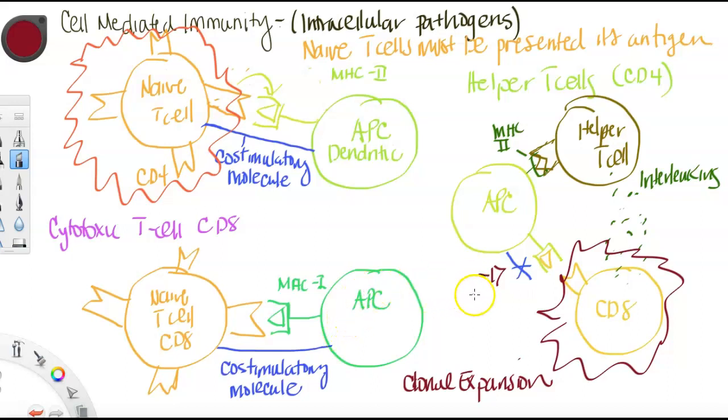So if that's the case, and there is a CD8 cell that is latched onto an APC, and it doesn't have co-stimulatory molecules, and there's no helper T cell, then the CD8 cell does not get activated. And if it does not get activated in this instance, it becomes anergic. So something called anergy. And once it's anergic, it is always anergic. Once it's anergic, it will never, ever be able to be activated into an active T cell at that point.